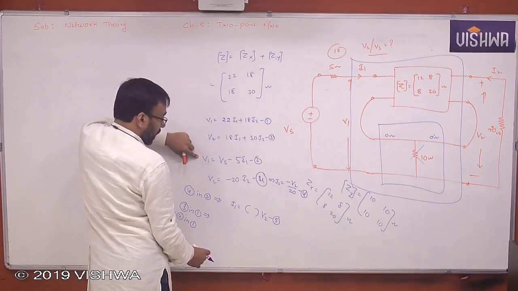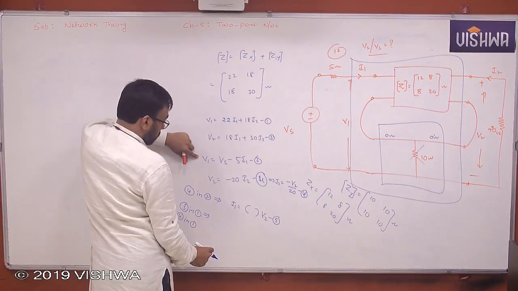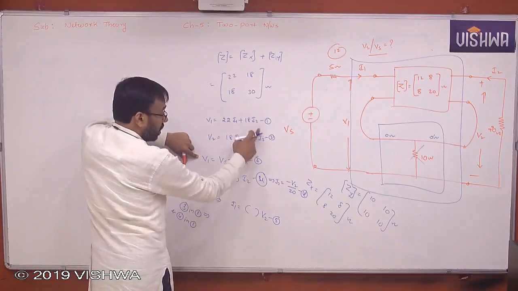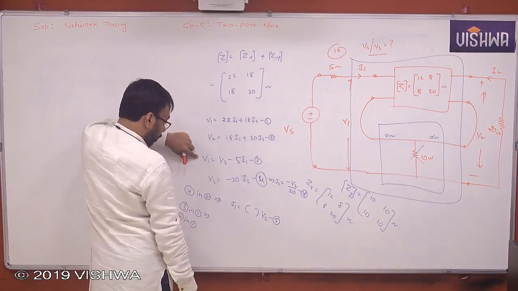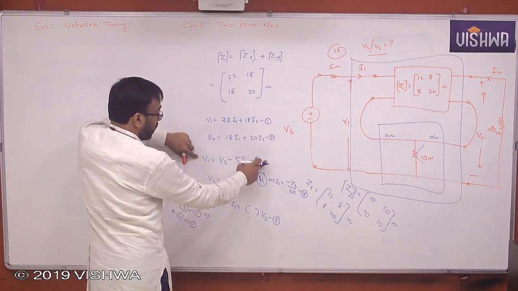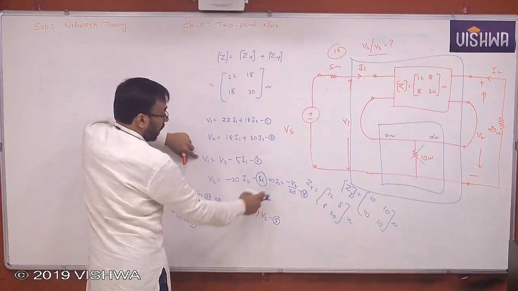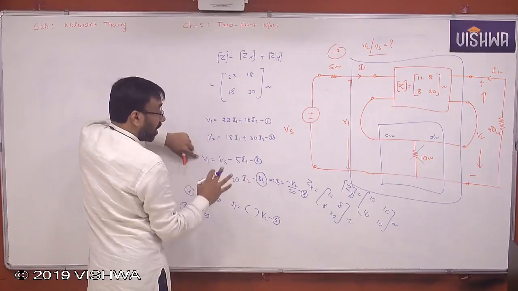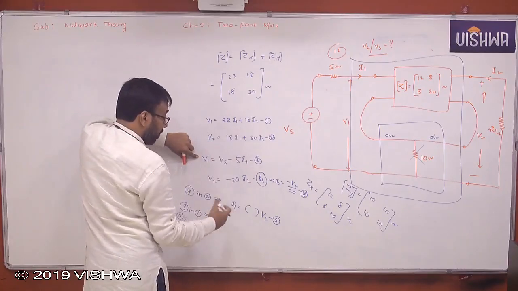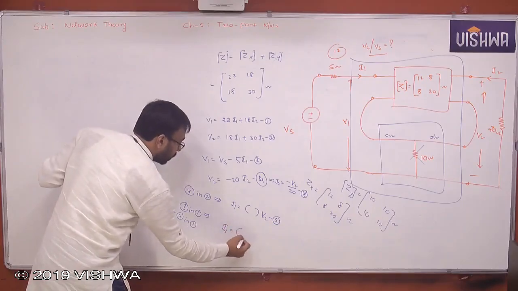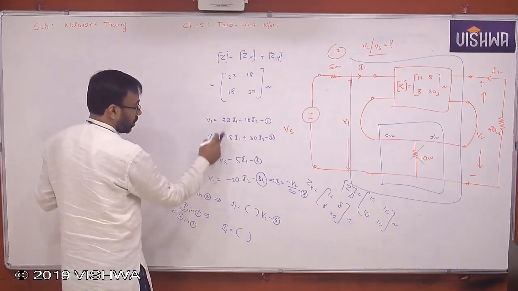So you will get, when 4 is substituted in 1, then I2 is eliminated. 3 is substituted in 1, V1 is eliminated. So I2 is eliminated, V1 is eliminated. What are left over? I1 and Vs. So you will get I1 is equal to something into Vs, because this is substituted here.